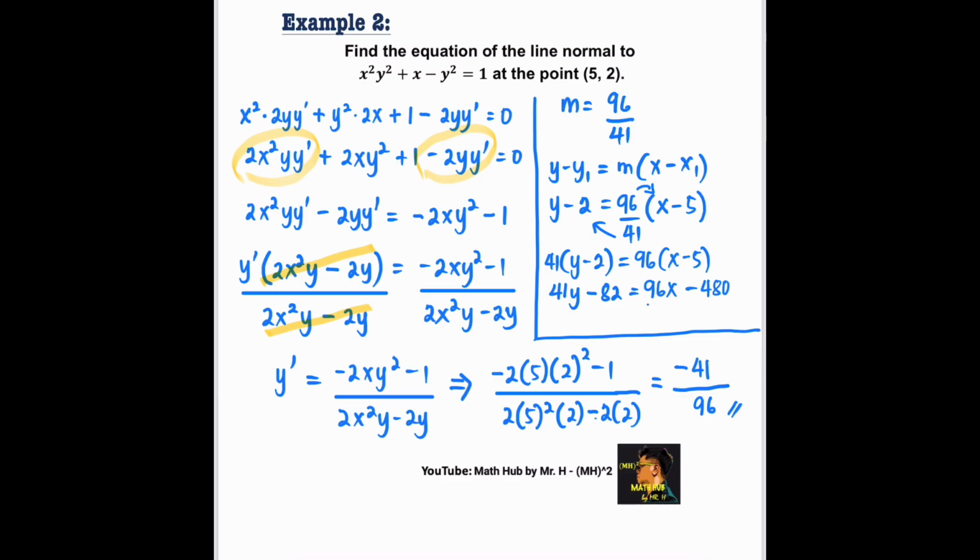Since x is positive here on the right, we can put the terms with x and y on the right hand side. So it will be 96x minus 41y equals negative 82 plus 480. So we simplify the left hand side. It's positive 398. And this is the equation of the line in standard form.